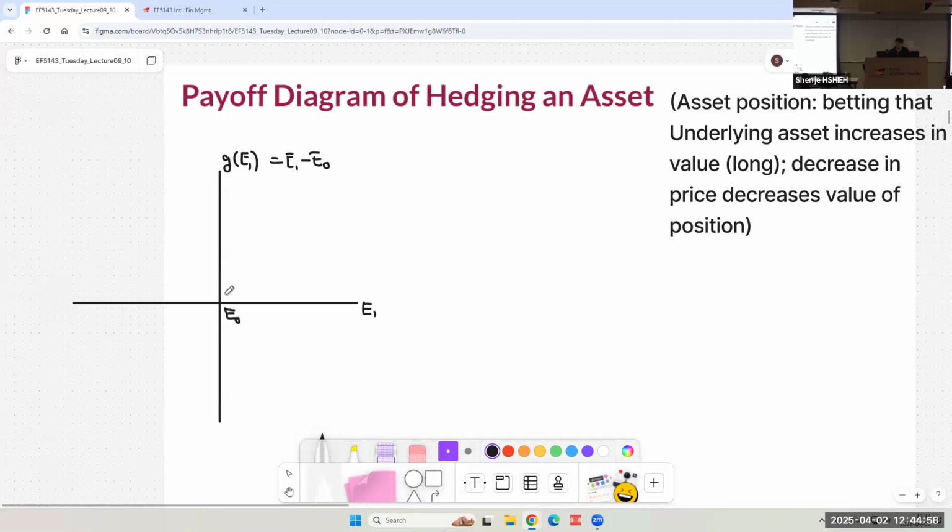So if I were to plot this, I have an intercept term here at 0, and anything to the right of E naught will be a positive number. It scales linearly, and my losses are also linear, but in the opposite direction. So you can see below 0, negative, above 0, positive, right?